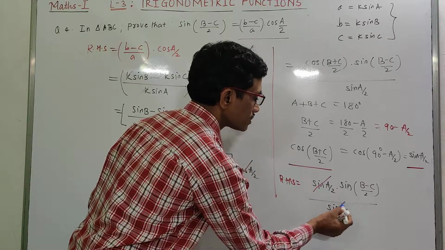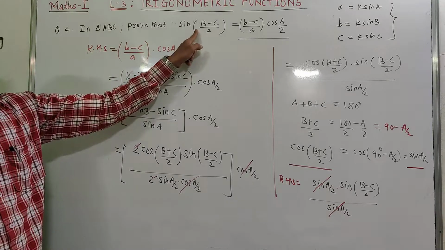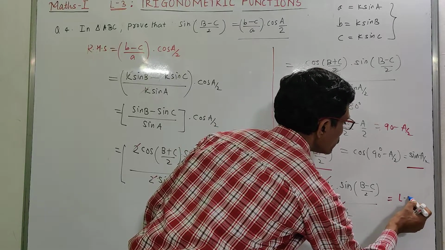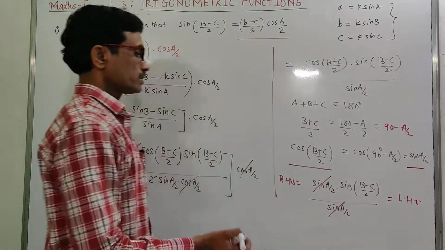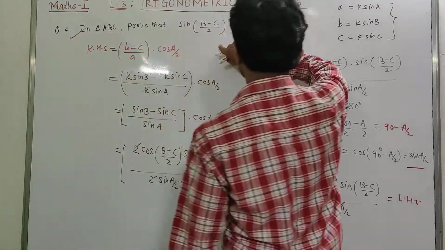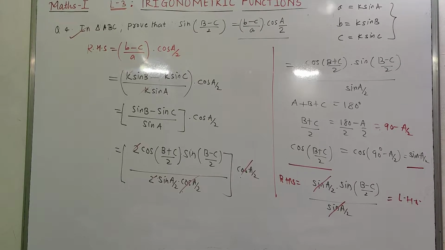Again this sine A by 2 is getting cancelled, and finally we will get the LHS, sine of B minus C upon 2. This is equal to LHS. So hence it is proved that sine of B minus C upon 2 is equal to (B minus C upon A) into cos of A by 2.